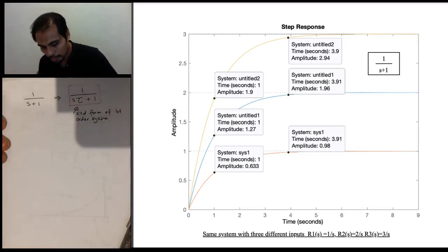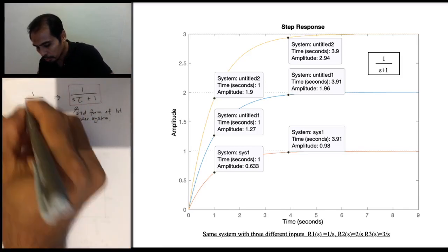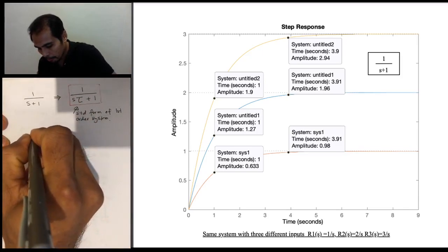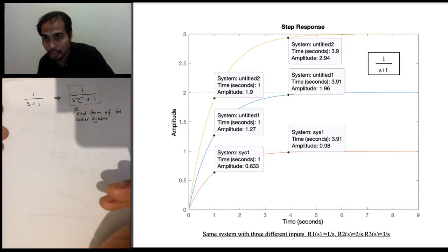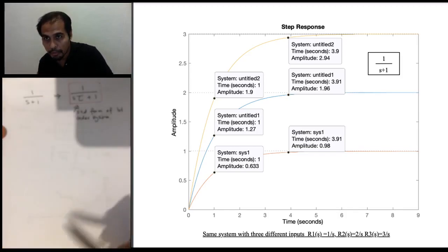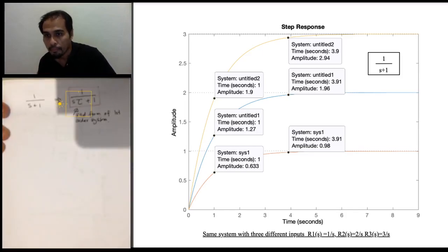The important thing is that we need to find tau. Once we know tau, we can find the rise time and the settling time.